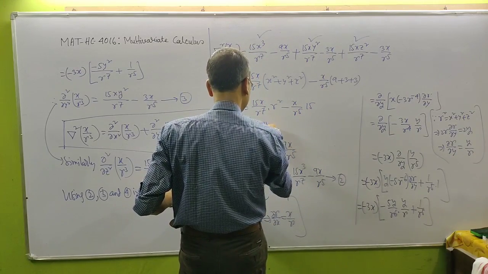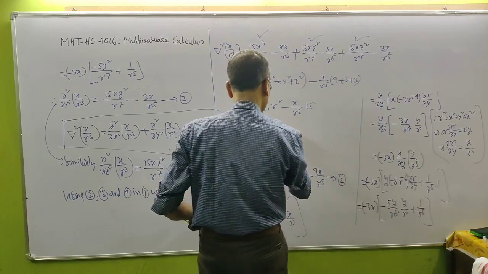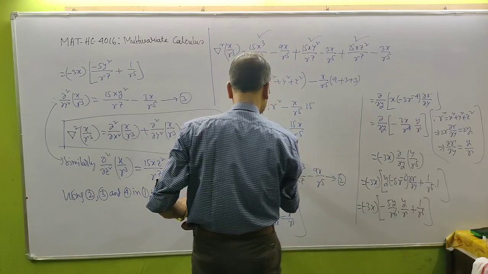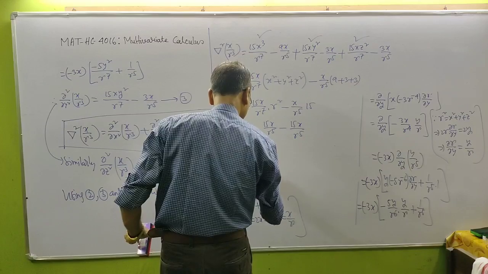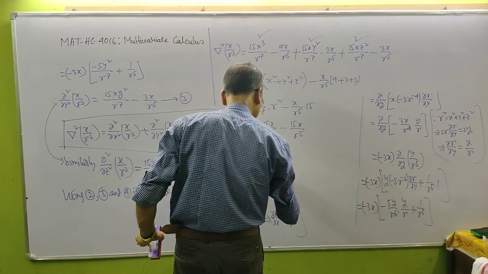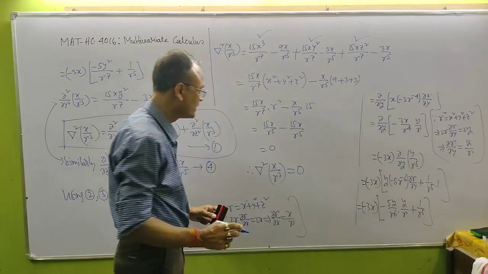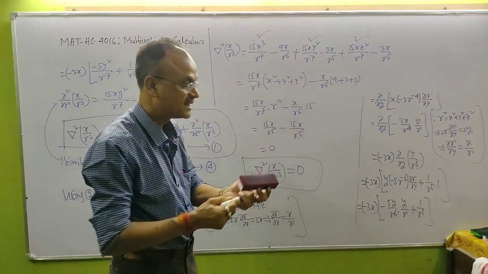This is equal to 15x by r to the power 5 minus again 15x by r to the power 5, equal to 0. Therefore, the Laplacian operator of x by r cube is equal to 0. We have proved this one.